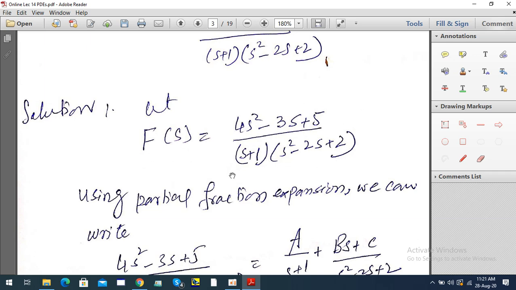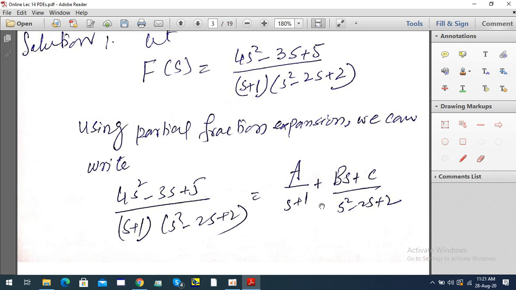Now using the partial fraction expansion, we have to use the partial fraction here. You can see how to use it: A by s plus 1, plus for the quadratic we have Bs plus C divided by s squared minus 2s plus 2.